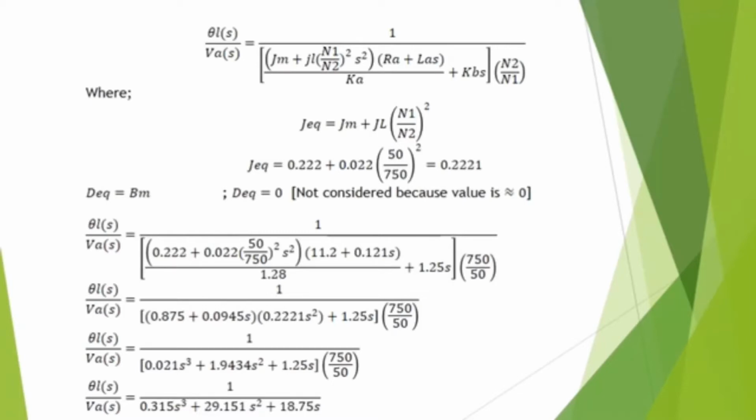So we get the answer 0.2221, and then DEQ equals DM, but DEQ is not considered because the number is so small. Then we substitute the values and we get the answer, which is theta L over VA is 1 over 0.315 s cubed plus 29.151 s squared plus 18.75 s.